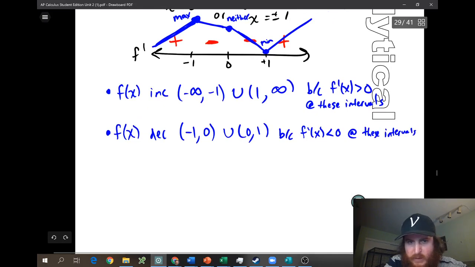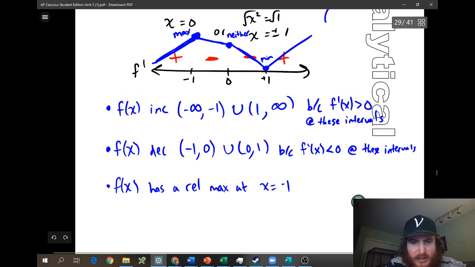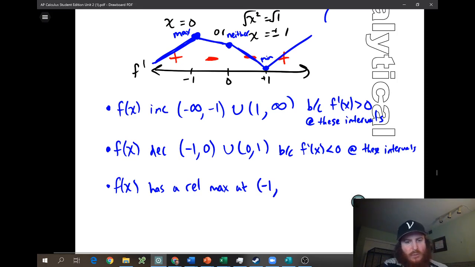And then if you want to have a sentence starter, we can always start with f of x. We could say f of x has a relative max. Now, if it just asks for the x value, you would say at x equals -1. But in this case, it didn't ask for the x value, it asked for the coordinates. So we're going to say at -1, comma. Now, we don't know what the y value is.